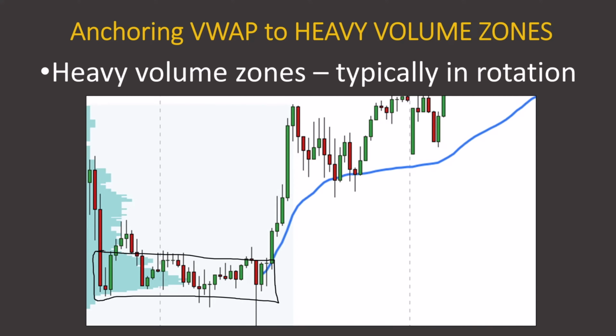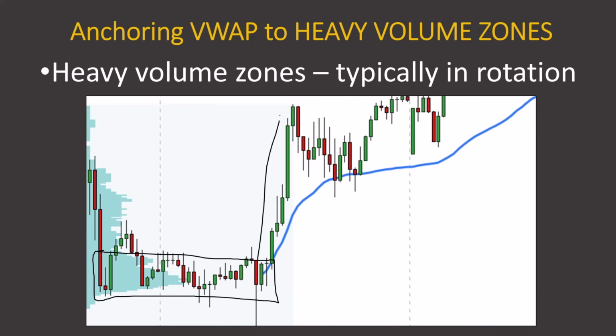The reason is that the big guys, the trading institutions, they have insane amounts of capital and they need to allocate that slowly and unnoticed in the market, right? So they do it in rotations. That's why in a rotation there are typically heavy volumes. So first thing, you want to see a rotation where heavy volumes were traded.